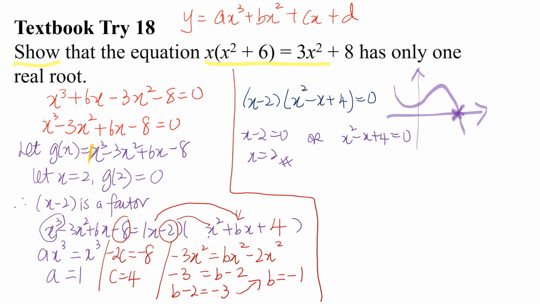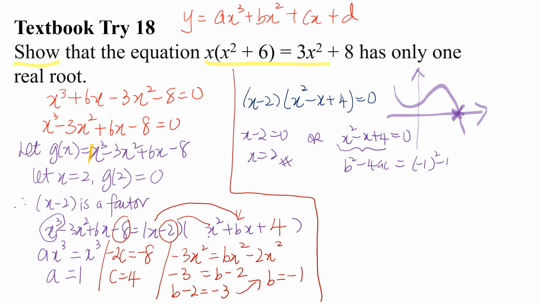Actually, if the question says show that it has only one real root, that's already a hint to tell you that for this chap here, there's no real solution. So if we link this back to the quadratic inequality you learned earlier, the discriminant, we can find the discriminant for this quadratic equation.